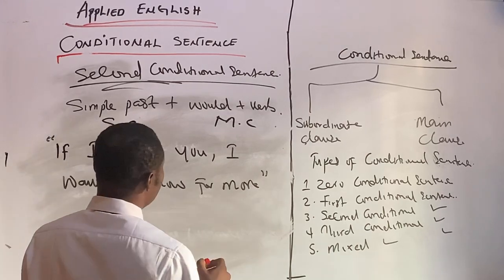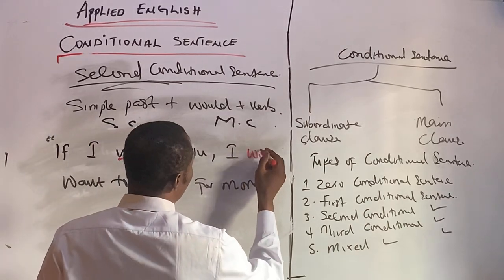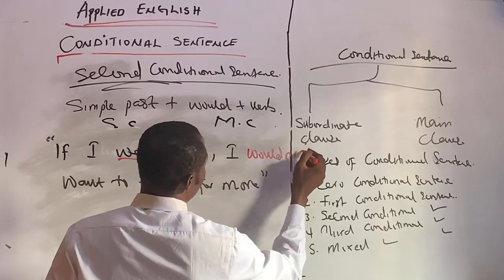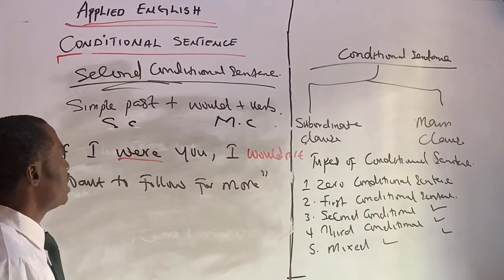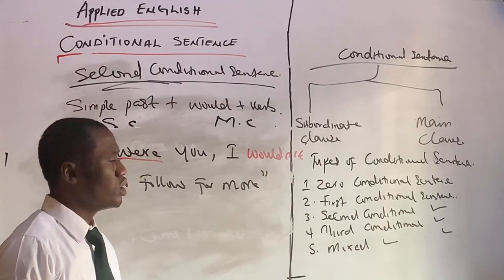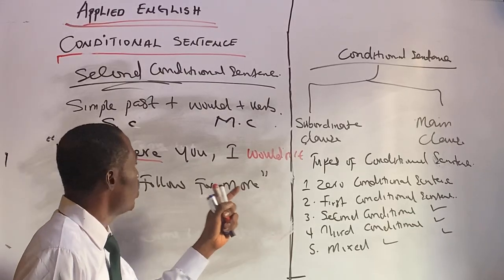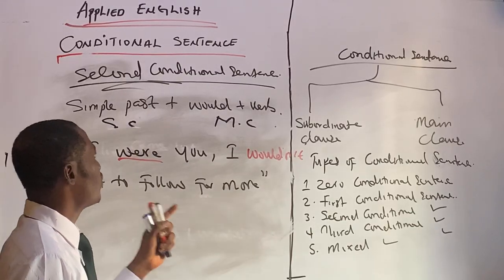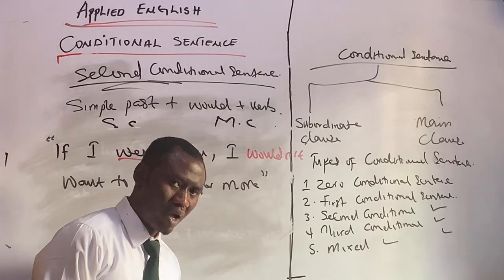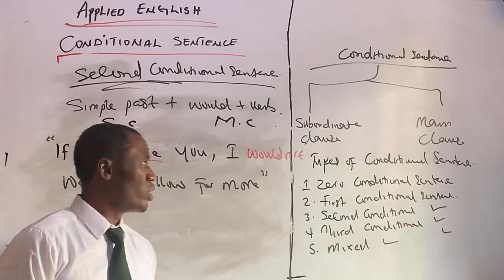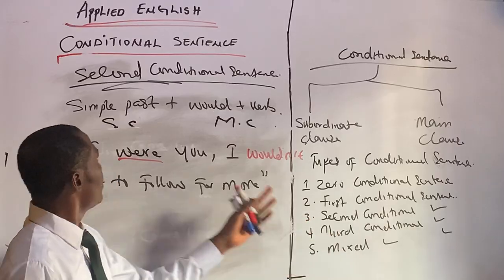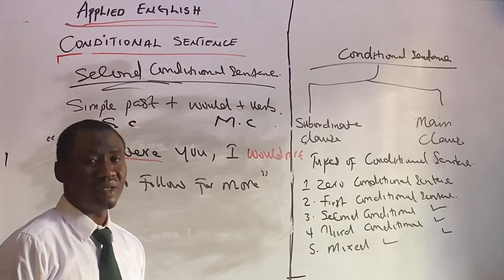So the right answer, let me use the red pen. Would not. So if you know the rule, you will have your answer. It says, if I were you, I would not wait to follow for more.